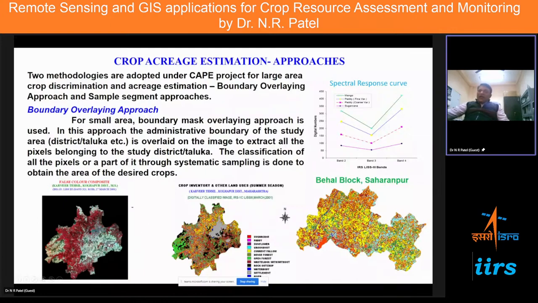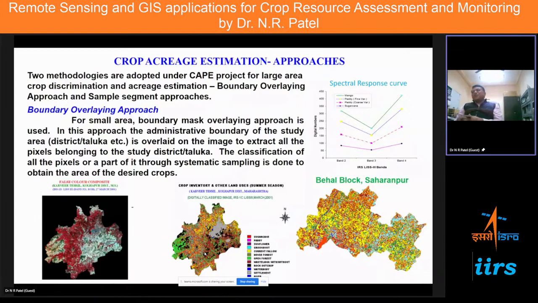Ground truth you identify and mark at different places as training sites. Based on that, you then use a certain classification algorithm like MXL or minimum distance, or any other advanced algorithm such as random forest, ANN, anything. But finally, it will classify based on the ground truth training statistics, the maximum likelihood possibility of a particular pixel to be a part of a particular information class.